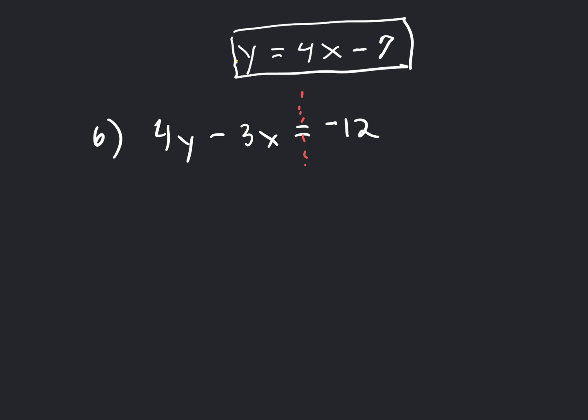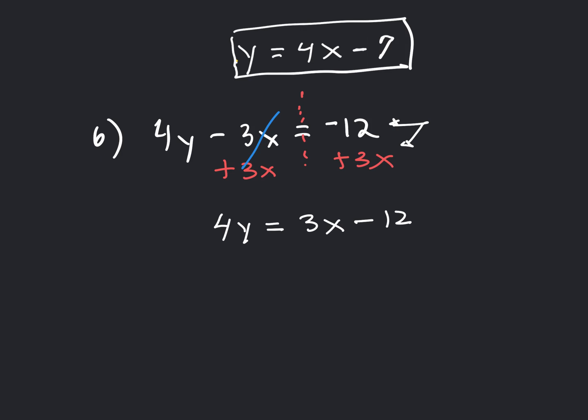So if I have a minus 3x, don't I have to add 3x? Whatever I do to one side, I do to the other. Doesn't that zero out and leave me the 4y's on one side? These are not like terms because one term has an x and the other term does not. So I have 3x and I have a minus 12.